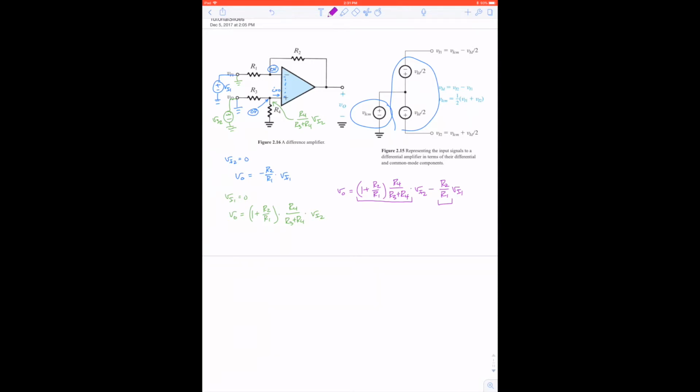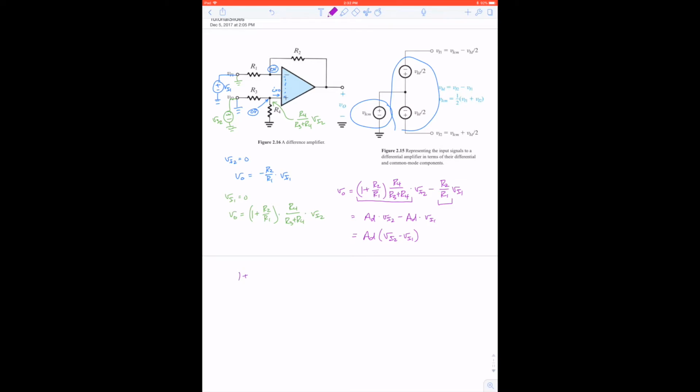So we can write it in this form: AD times Vn2 minus AD times Vn1, which is just the difference gain times the difference between the two inputs. For this to be true, we need to set those constants equal to each other and see what ratio of the resistors gives us that type of performance.